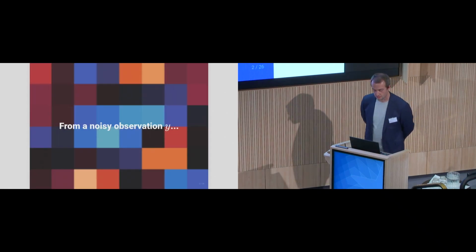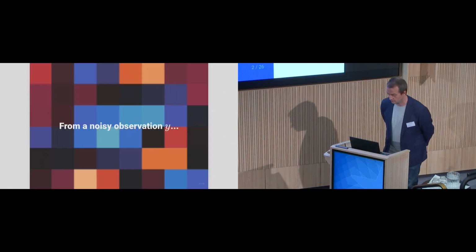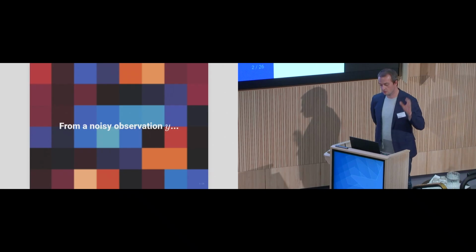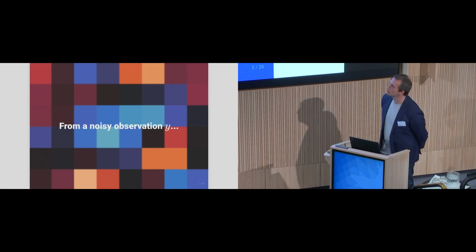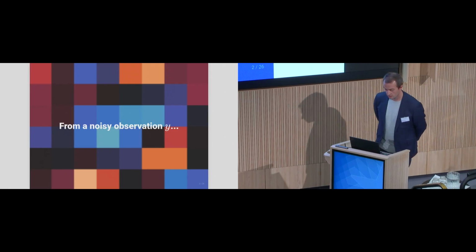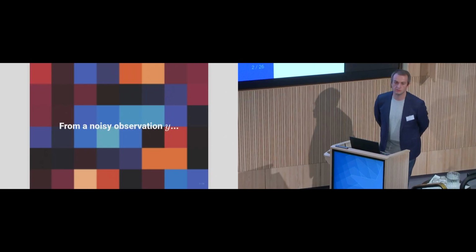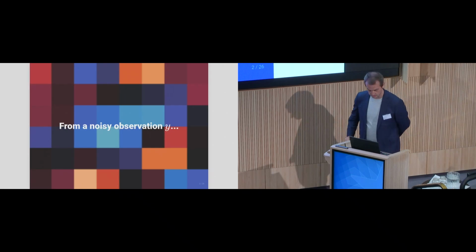As a starting example, imagine that we have a noisy observation Y, like the one that you see in the background of the slide. This observation is of some underlying physical process that you are interested in. For example, it could be a low-resolution satellite image of the atmosphere, a noisy medical scan, or simply a photograph that you take in low light conditions.